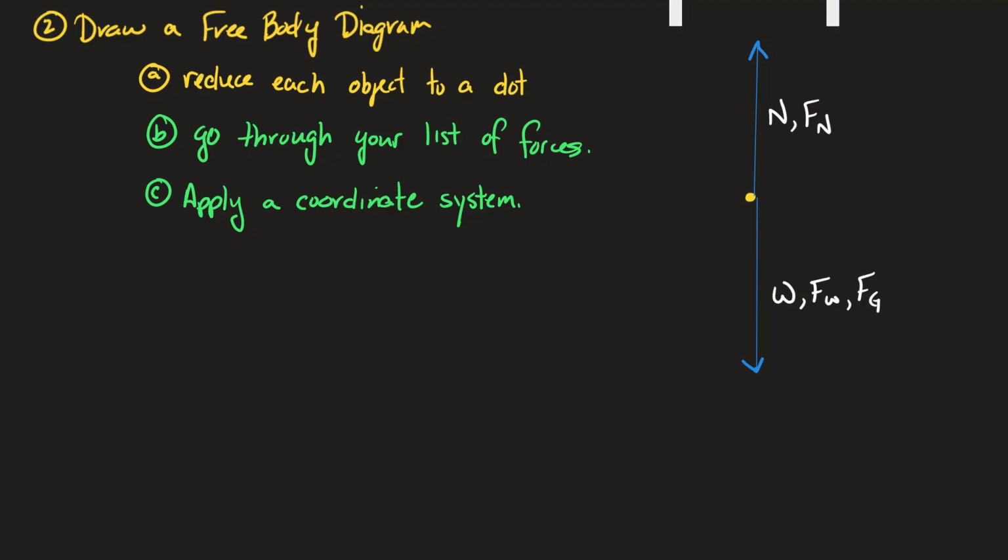This one really doesn't need very much, but a coordinate system is exactly what it sounds like. You are going to apply over the top of your drawing an X and Y.